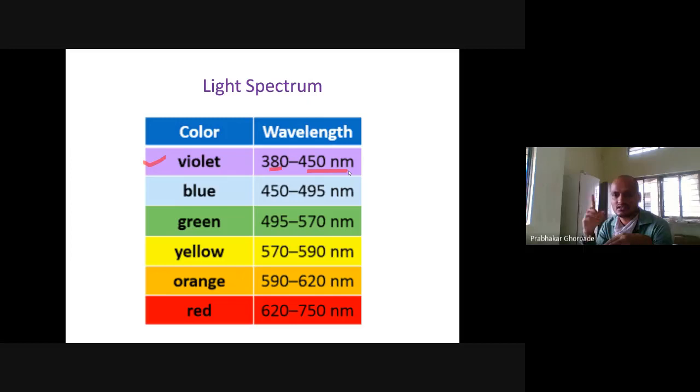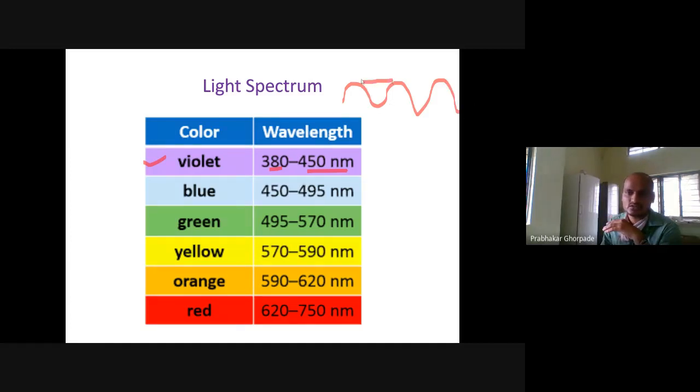In that, the distance between consecutive crests or consecutive troughs is called the wavelength of that light. So if you take light, this one is a crest, this one is a trough, crest, trough, likewise. A uniform pattern actually.